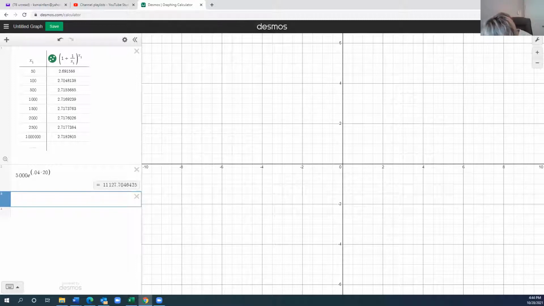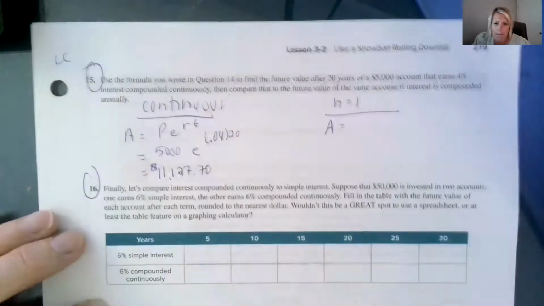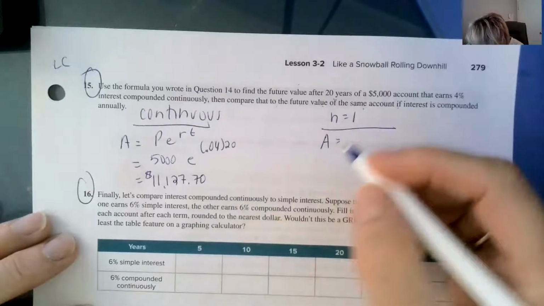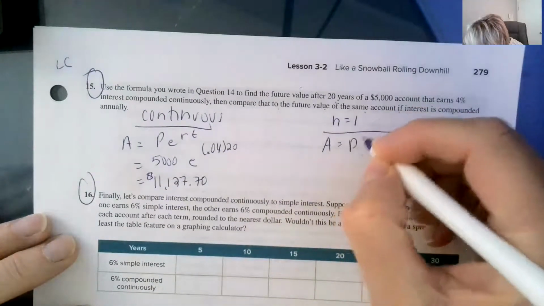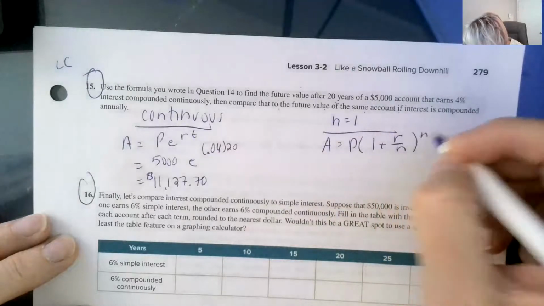Then they want us to compare that to compounding annually, so just once a year. So A is, let's go back to my paper here. And compounding once a year is going to be P times 1 plus R over N to the NT. So those are both 1.